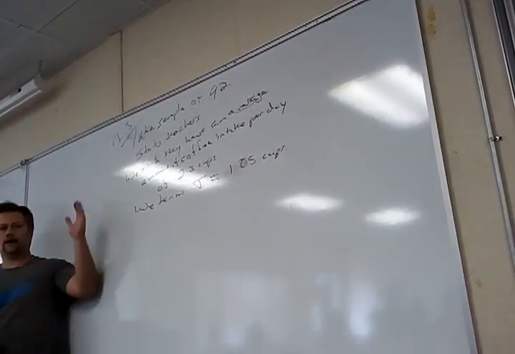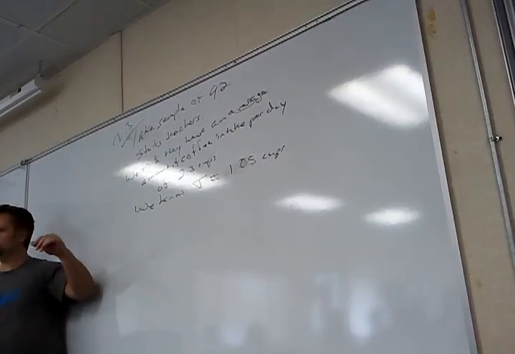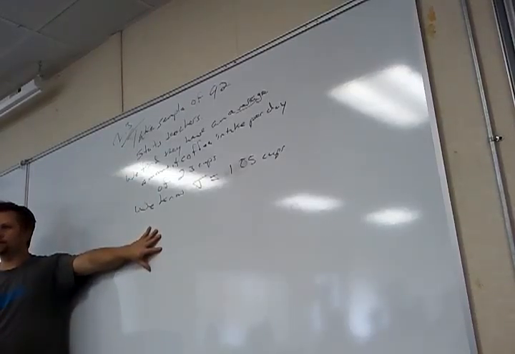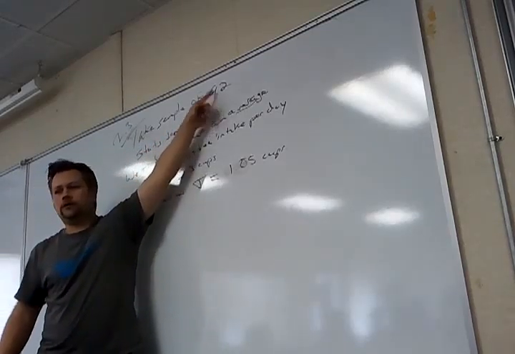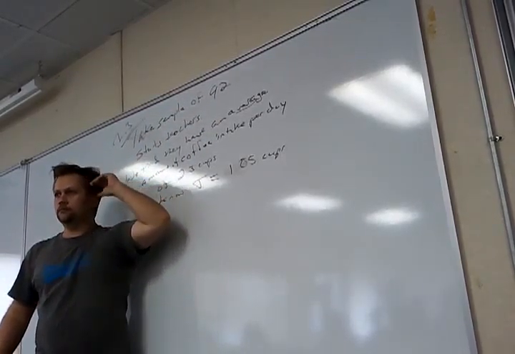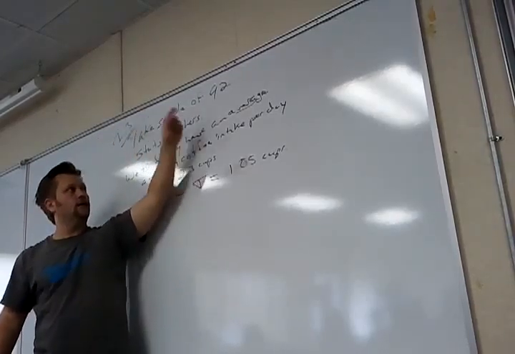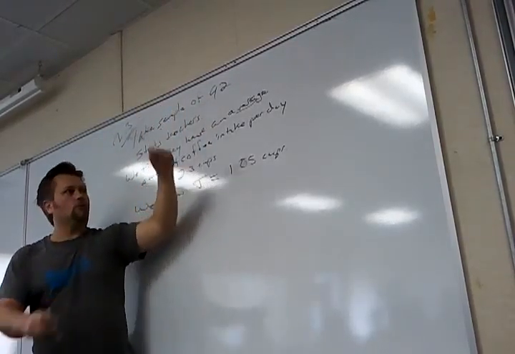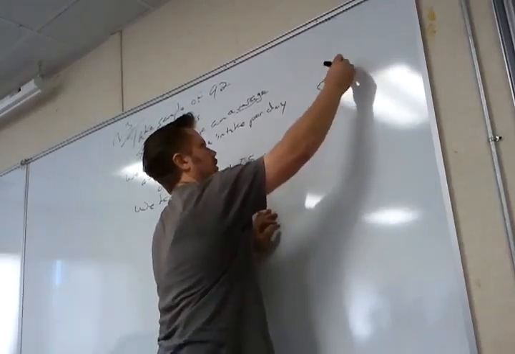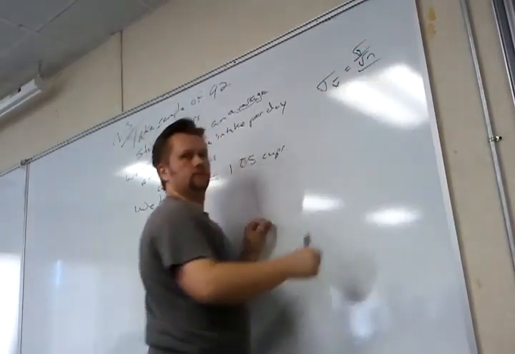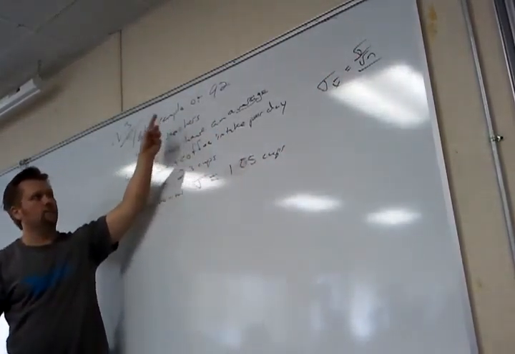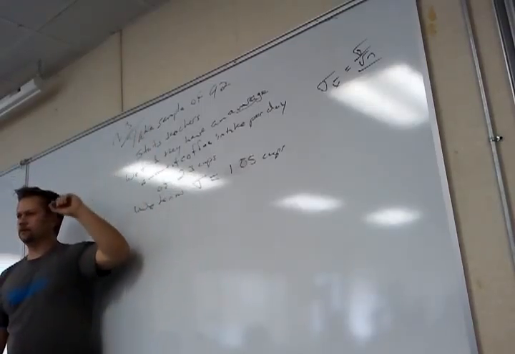Do I have to say it's normal anywhere? No. Why not? Because the sample size is bigger than 30. I love it, right? That's the central limit theorem. That's why that has to become the new standard deviation there, because I've taken a sample and I'm talking about the sample average.